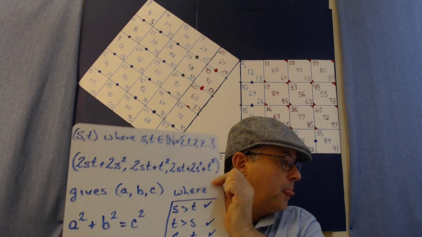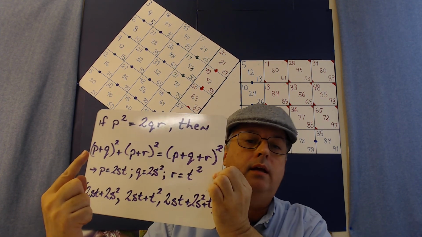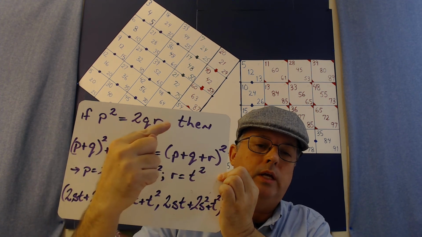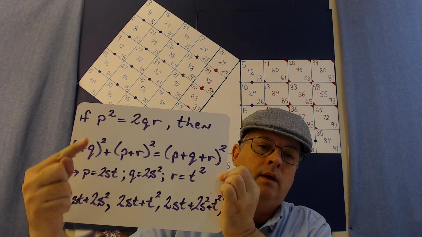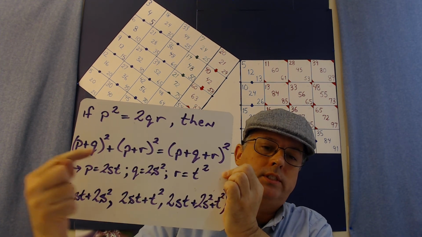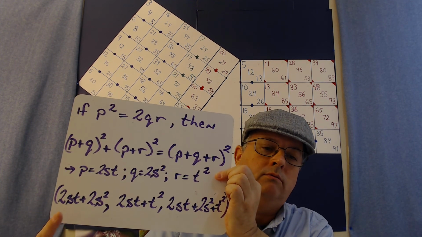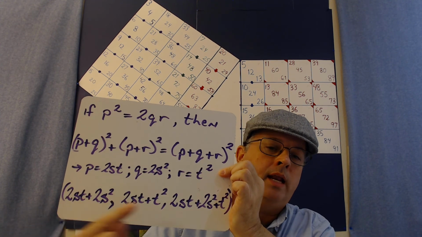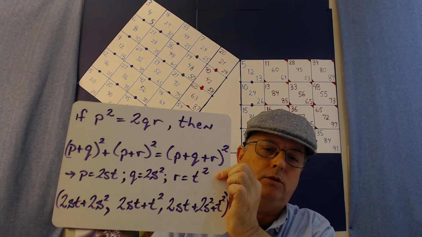The idea that this identity is true if p squared equals 2qr, and the desire to simplify it by writing it as two values that need to be chosen, s and t, and not having any conditions on this formula that generates Pythagorean triples.